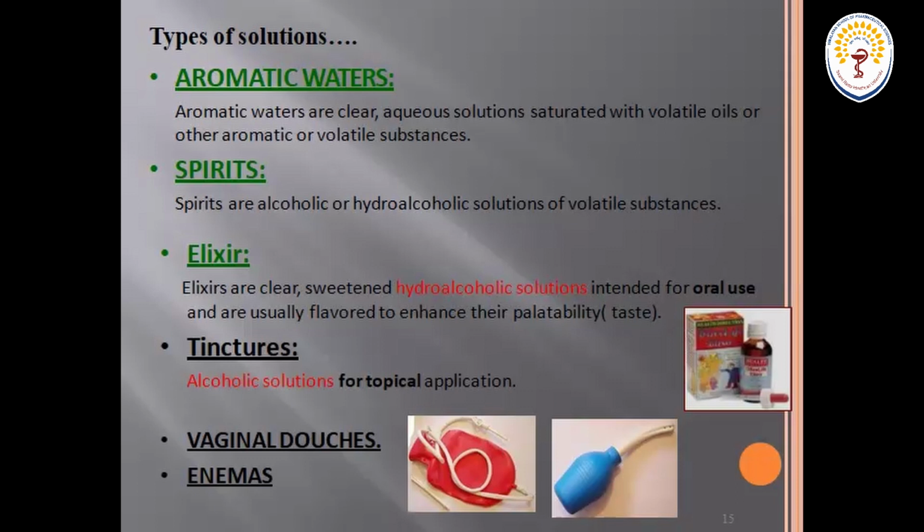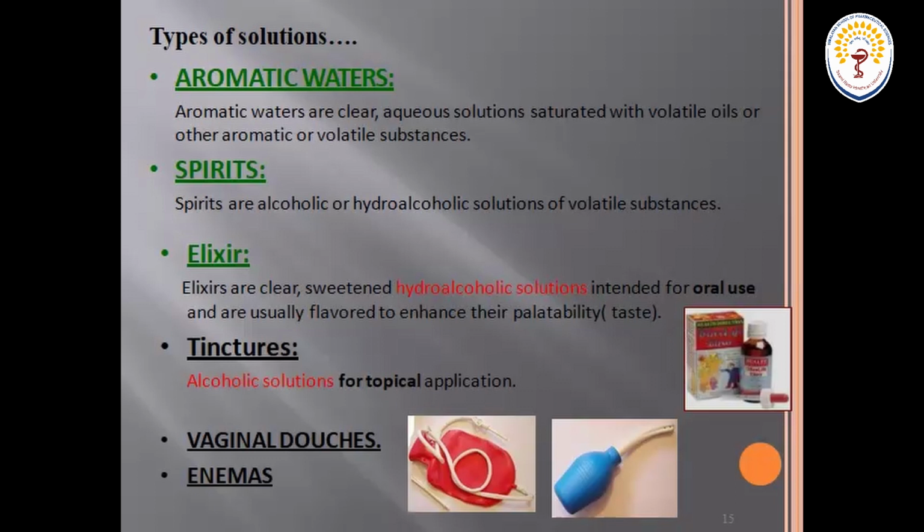Next is tinctures. Tinctures are sweet, viscous, liquid oral preparations containing medicinal substances which have demulcent, sedative, expectorant properties. The simple solution or administration containing a high proportion of syrup and glycerin has a demulcent effect on the mucous membrane of the throat.